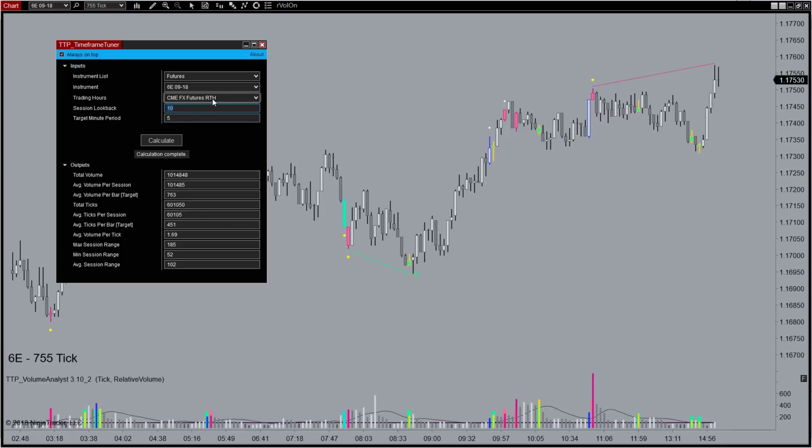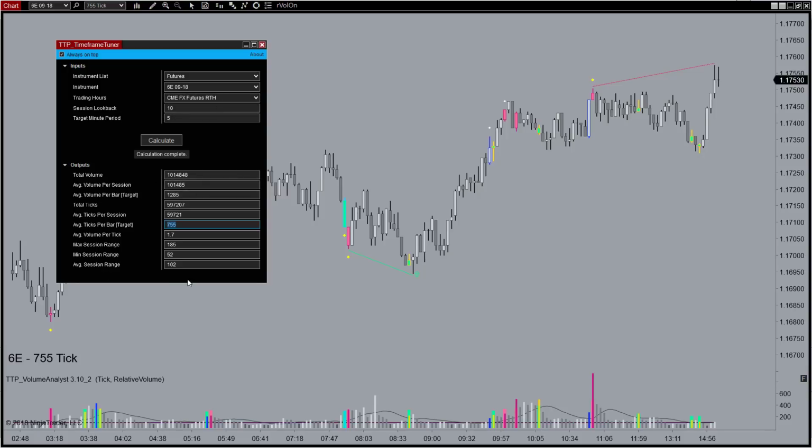Here I've set the RTH session, that's the regular trading hours, the day session for the 6E, and then simply click this calculate button, and there is the average ticks per bar, 755, that would approximate a 5-minute chart during the day session.